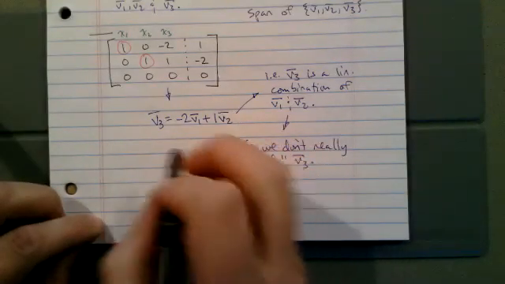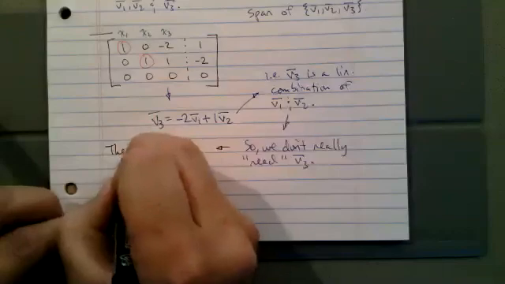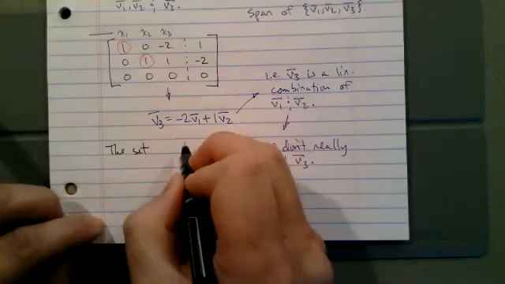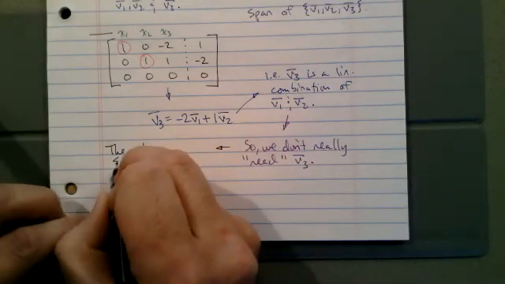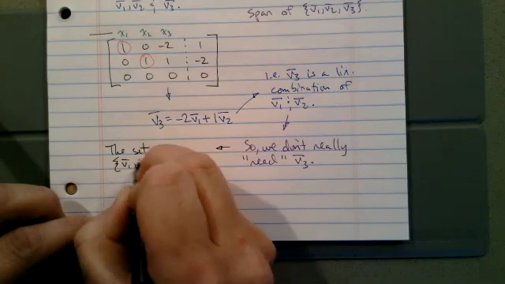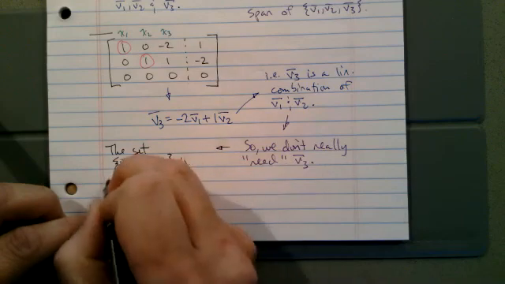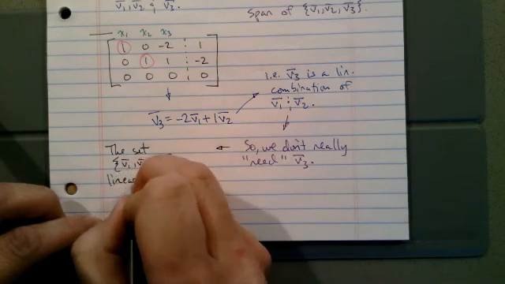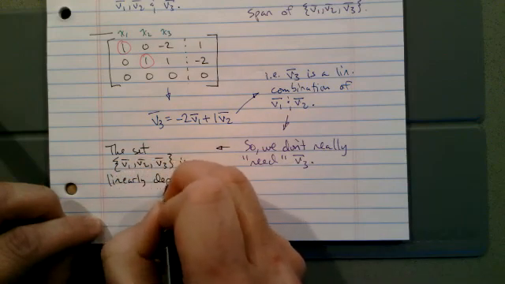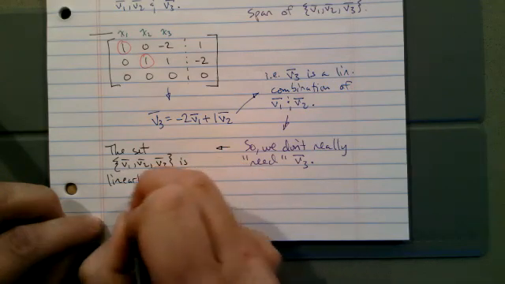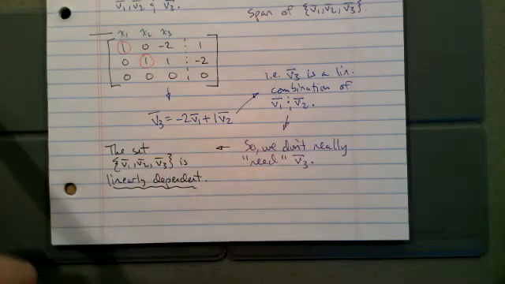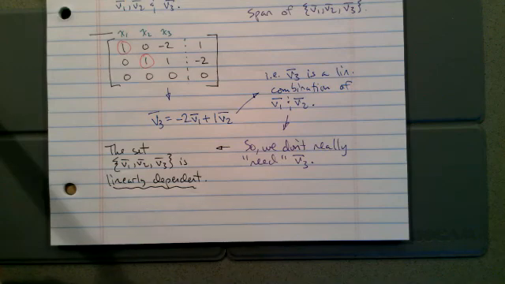So the set of vectors v1, v2, and v3 is said to be linearly dependent because v3 doesn't really bring anything extra.